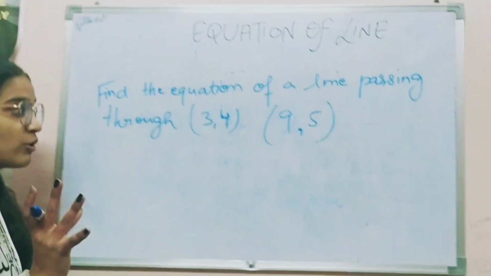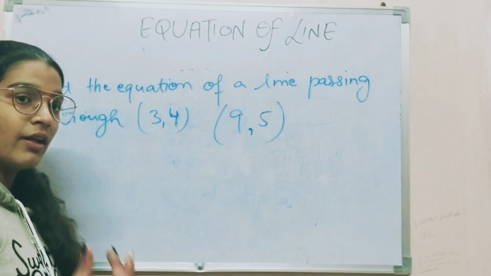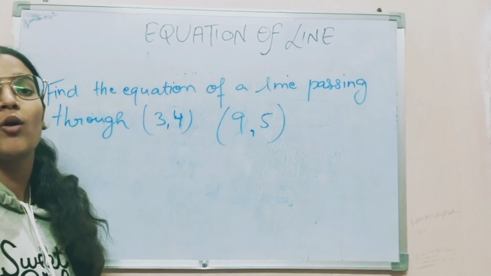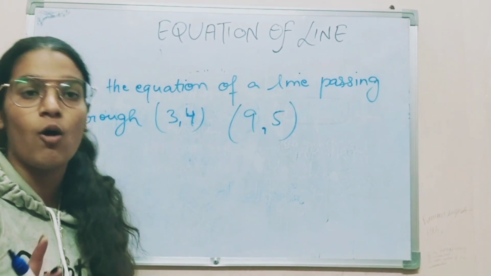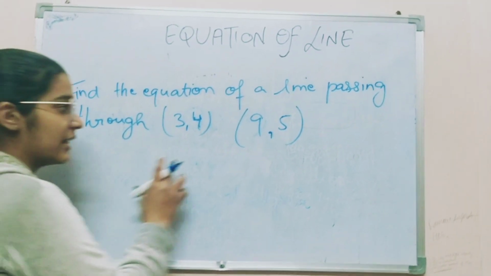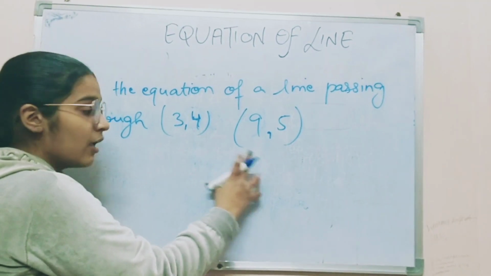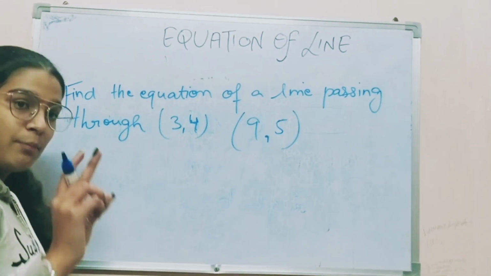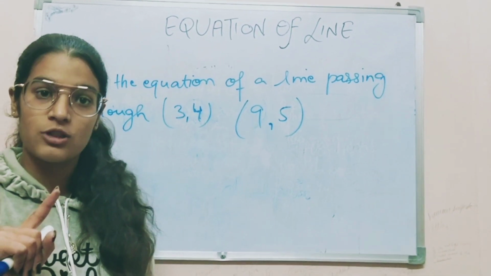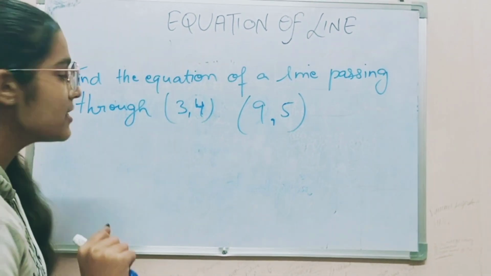So basically we have to see which method we have to apply. Either we have to apply the tan theta method, or the two ordered pair method, or the equation method. So in this question you can see that two ordered pairs are given to us. It means that we are going to apply the second method, that is slope equals (y2 minus y1) upon (x2 minus x1).